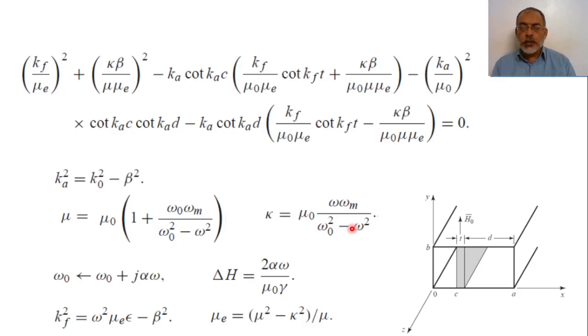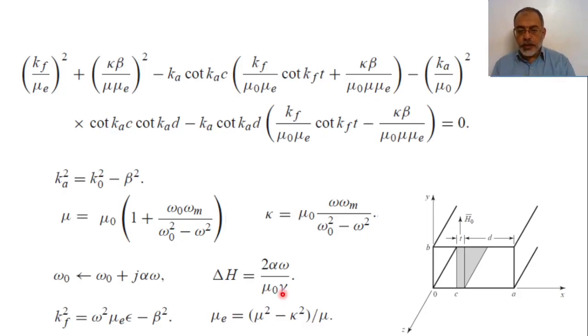To include the attenuation or the losses, we are going to replace omega naught by omega naught plus j alpha omega, where alpha here is the attenuation in the ferrite medium, and this is determined from the line width of the ferrite. We know that the line width of the ferrite delta H is defined as 2 alpha omega over mu naught gamma.